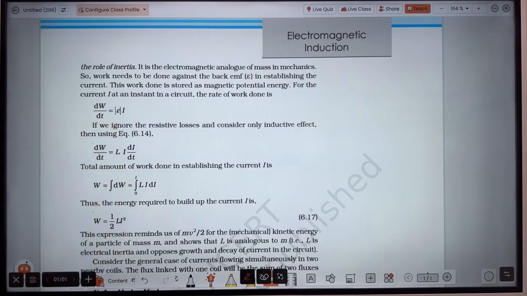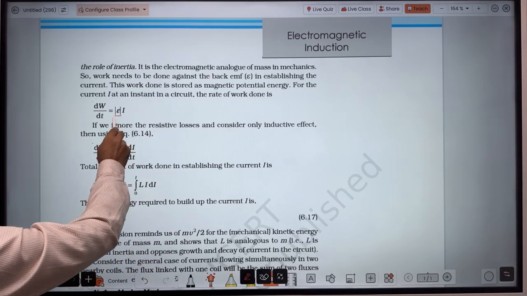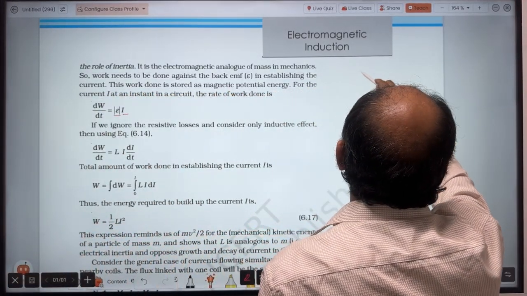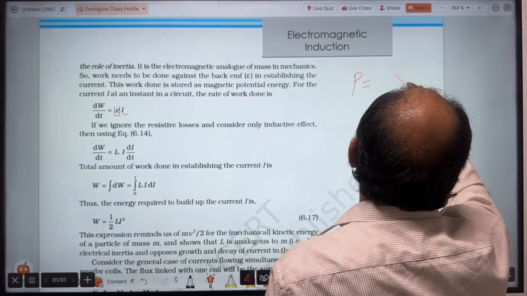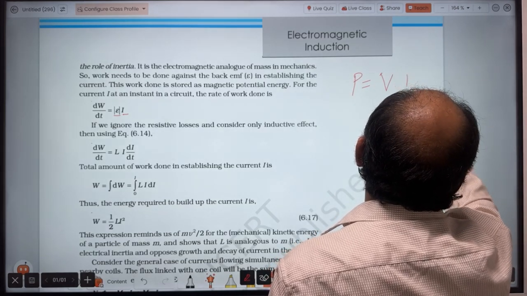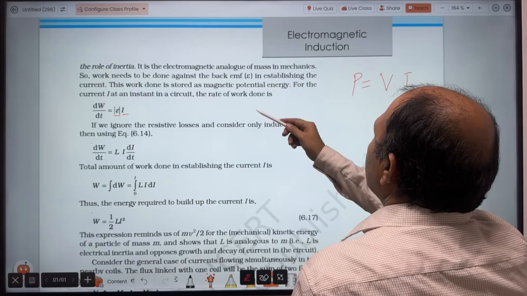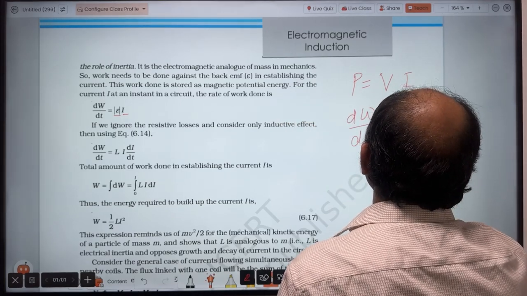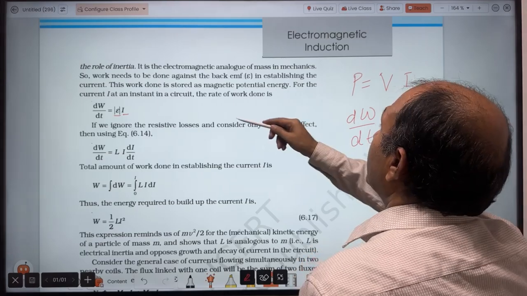So the rate of doing work is dW by dt, which is power, if you remember. So V into I, you have already studied that power is voltage into current. The same thing is written here, dW by dt is equal to voltage written as EMF.